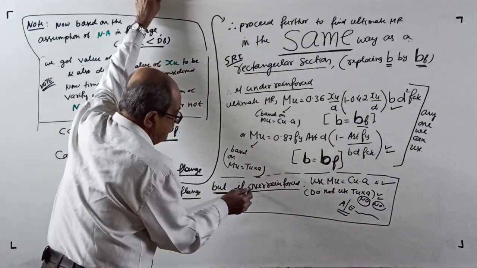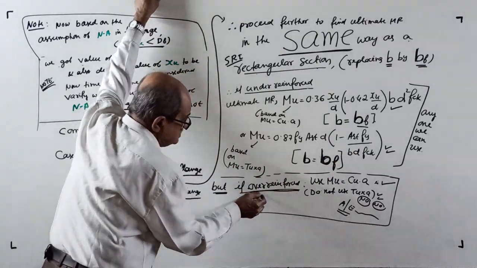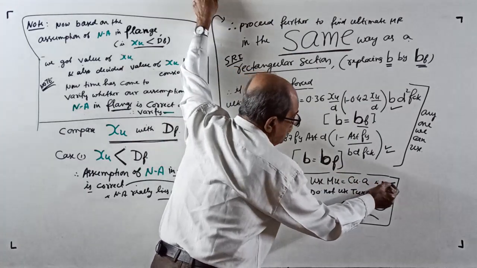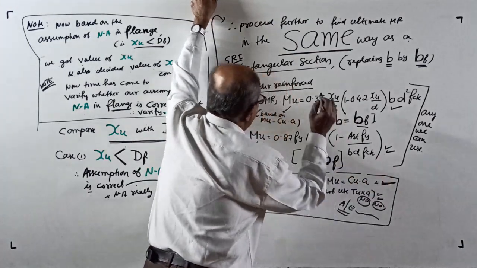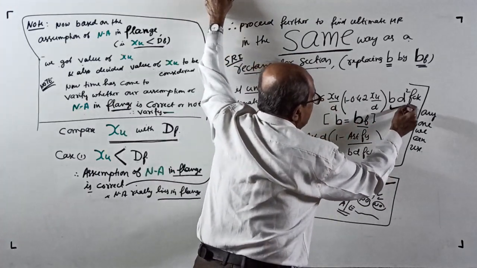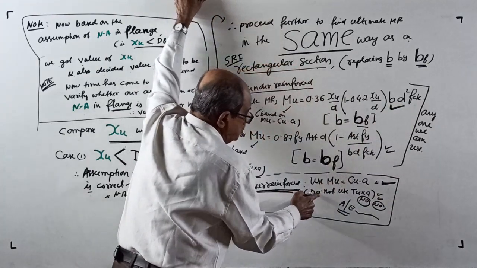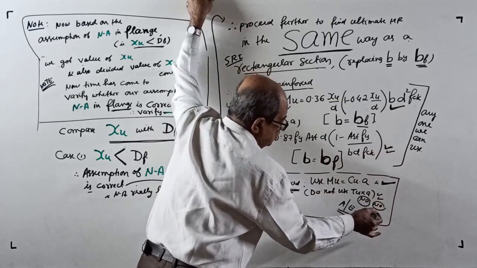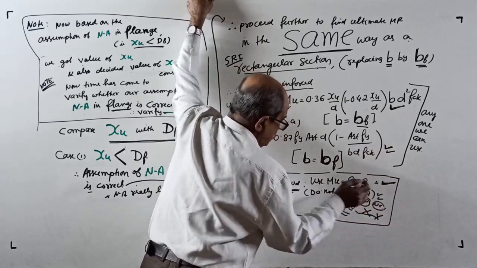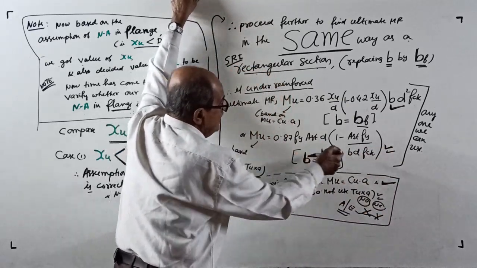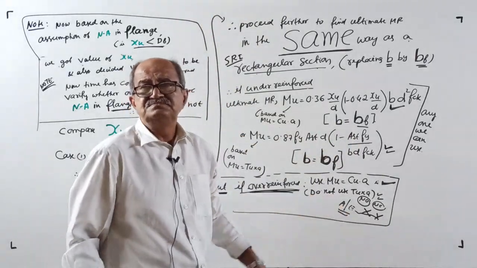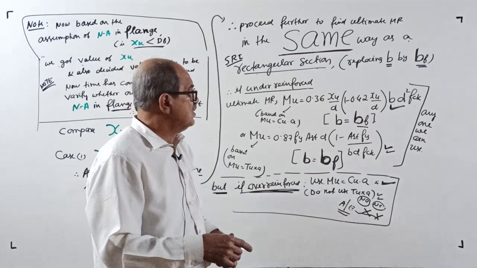But if the section is over reinforced, use MU equal to CU into A only. Remember, use this only. Do not use TU into A. Already explained earlier. You can make a note.